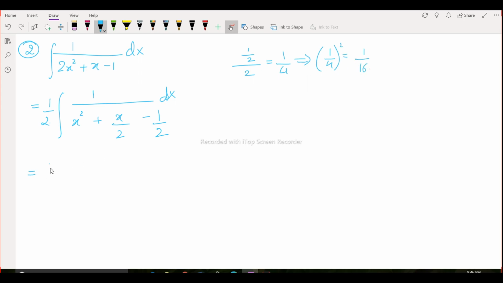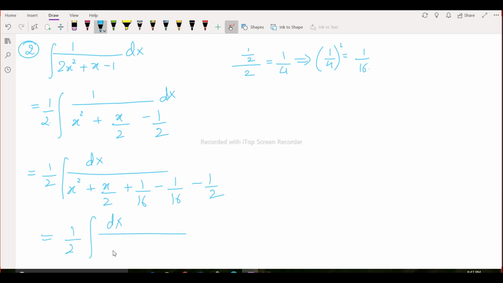So I'll write 1 by 2 integration dx upon x square plus x by 2. I'll add 1 by 16, I'll subtract 1 by 16 minus 1 by 2. This is the same thing which you used to do in school. So now you get a perfect square, which is x plus 1 by 4 the whole square and 1 by 16 minus 1 by 2. You can solve this part separately.